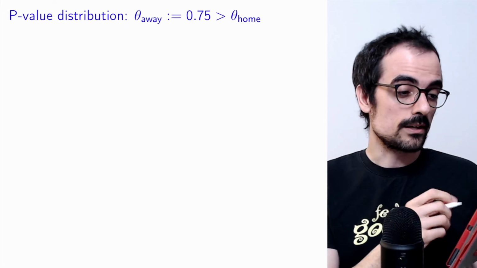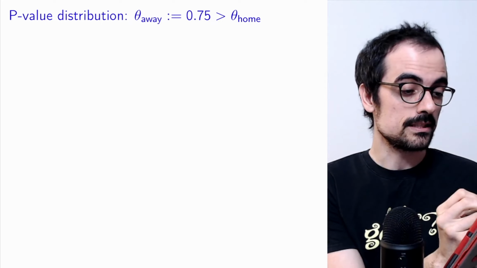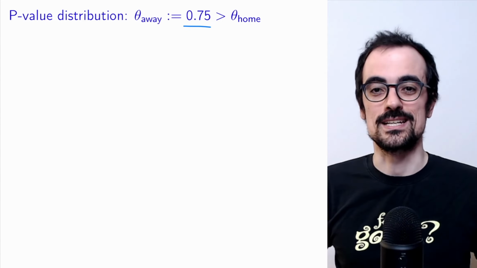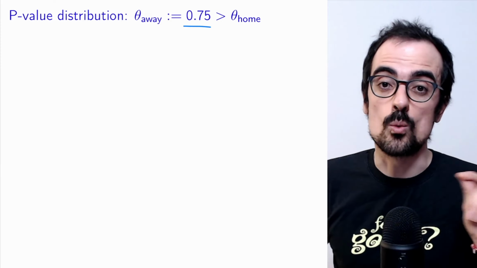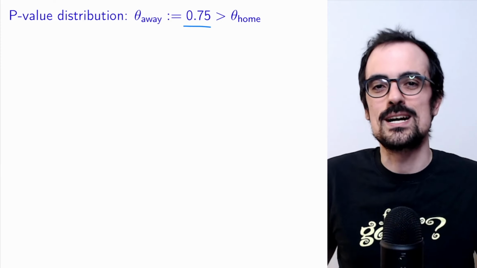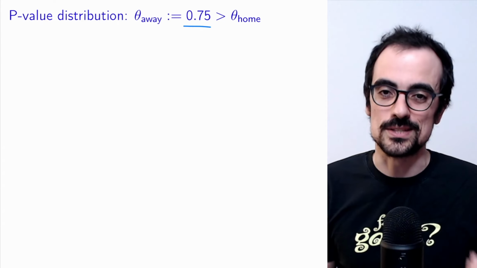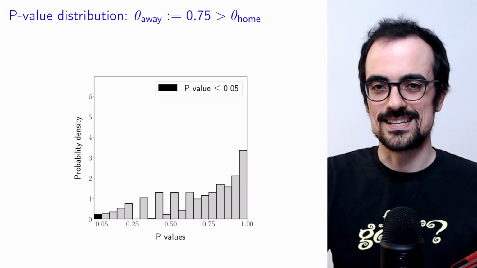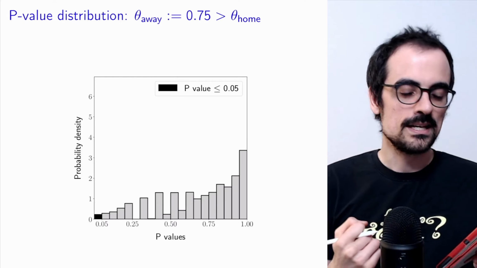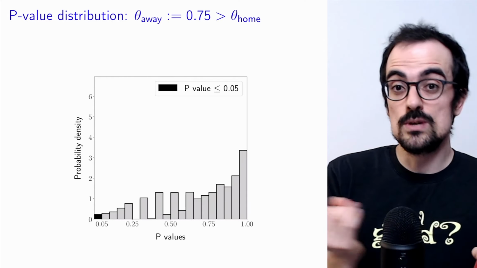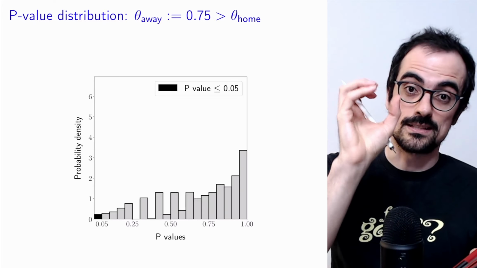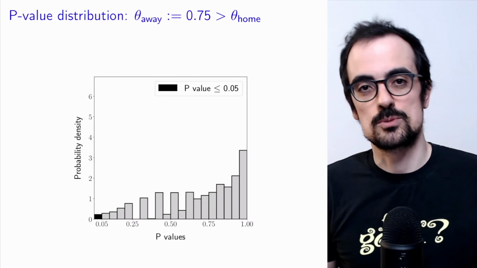And finally, we can also see what happens if the percentage is higher away than at home. So maybe think about what you expect to see here. A hint, we're using the one-tailed statistic. So remember that the one-tailed statistic is not sensitive to this. So the p-values are all very large. The test does not see what is going on because the p-value is only small if the test statistic is large, and here we're doing the observed percentage at home minus the observed percentage away.